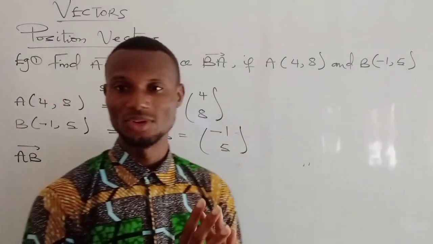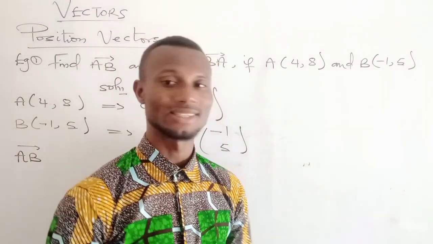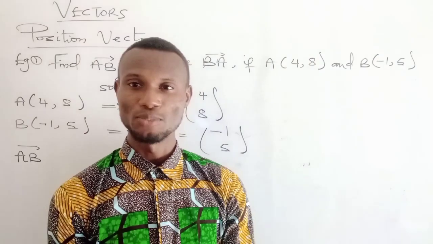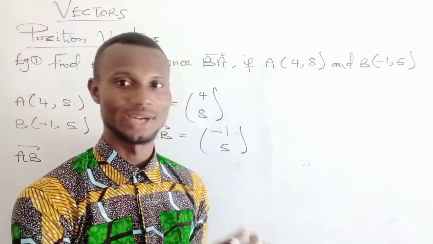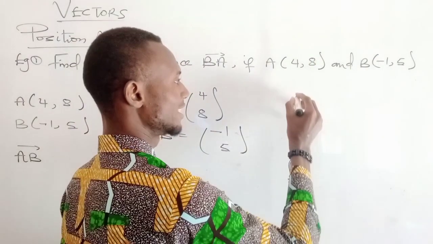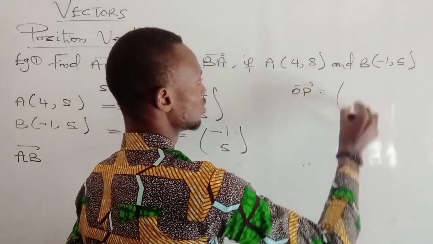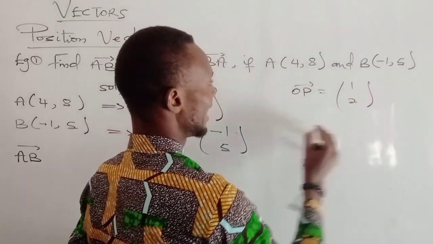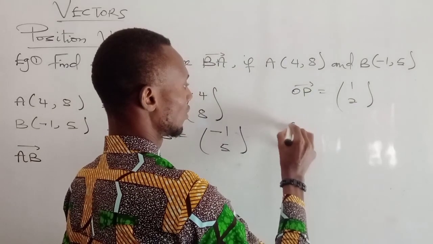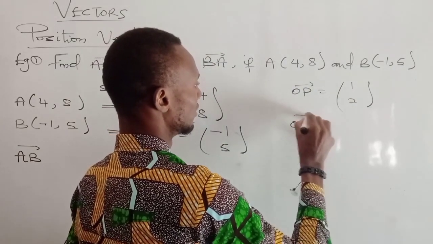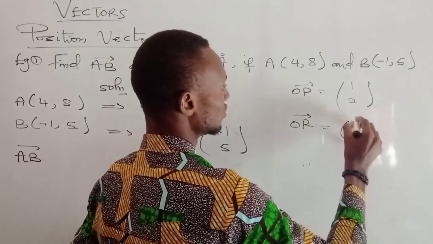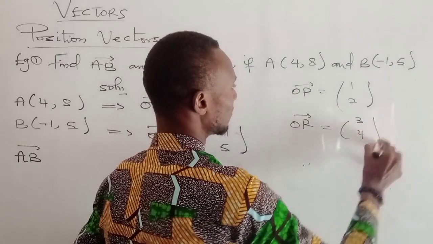It's very simple. The rule says that, let me use other examples to explain it before we come to this one. Assuming I have OP equals (1, 2), and let's say I have OR equals (3, 4).